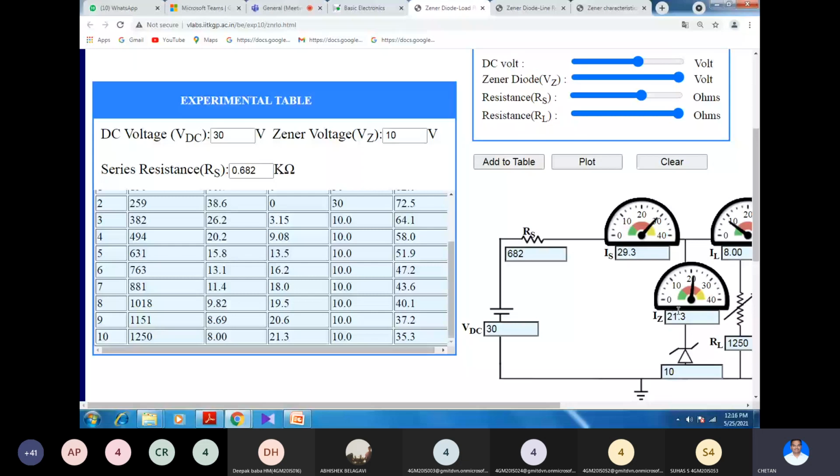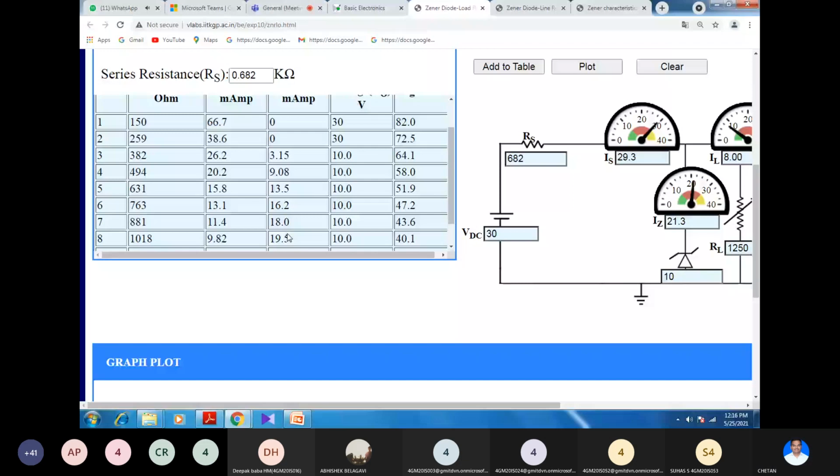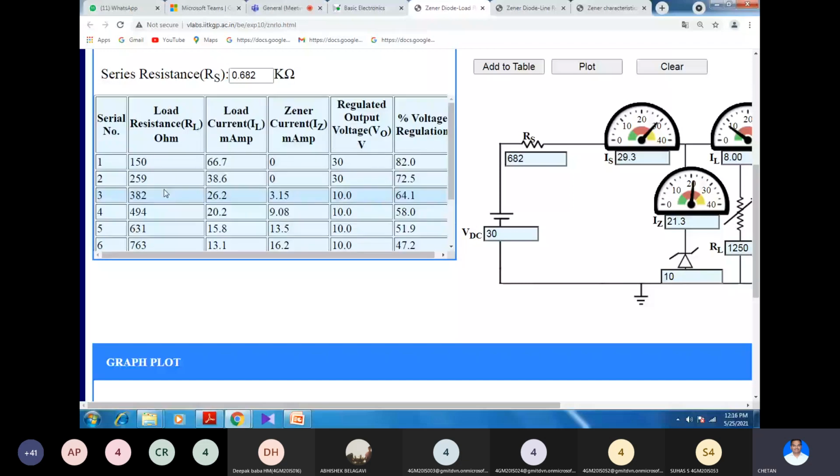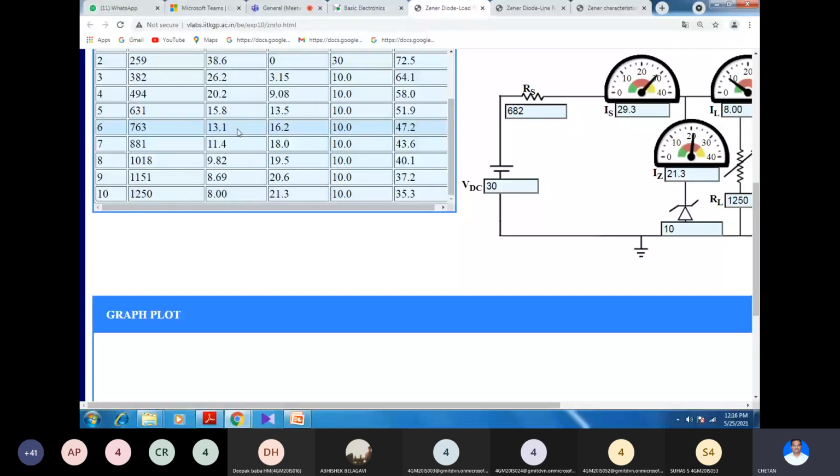You can observe that here, right? If the load is increasing, the IL is decreasing, and in the same proportion IZ is increasing to maintain the sum of IZ plus IL. And here you can observe constant output voltage. So this is all about load regulation.